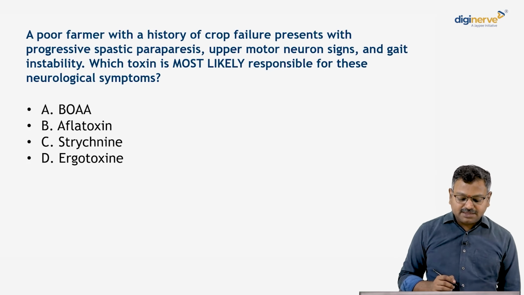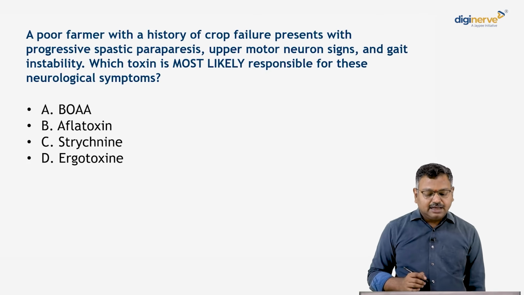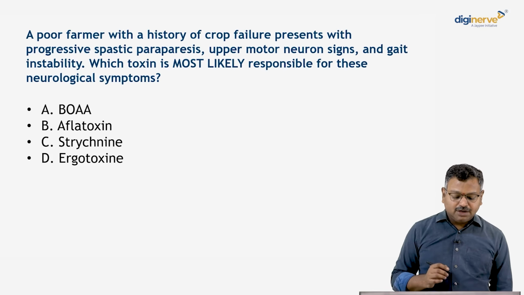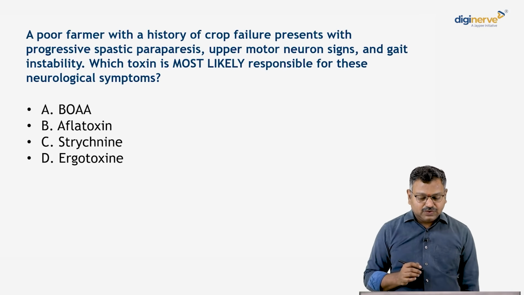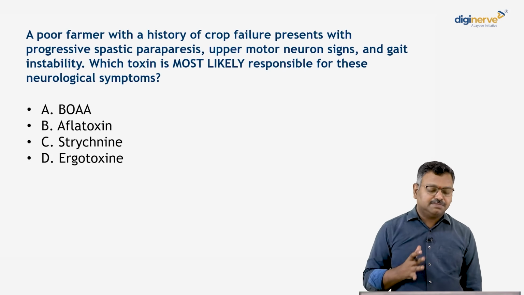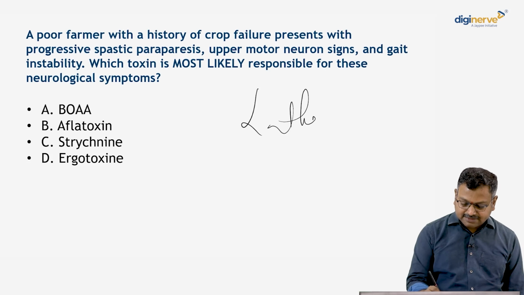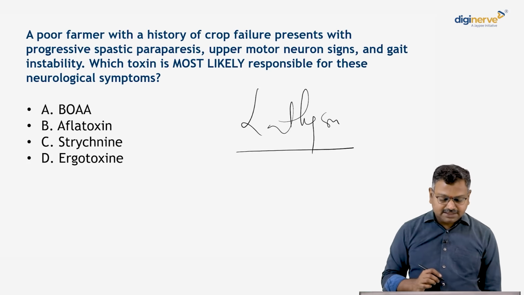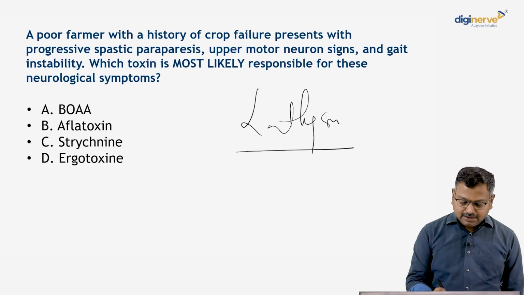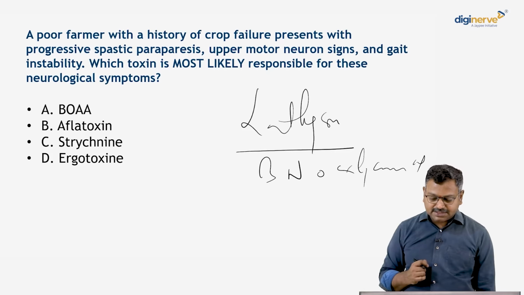A poor farmer, with a history of crop failure, presents with progressive spastic paralysis, upper motor neuron signs and gait instability. What is the toxin? This is the classical appearance of a pure motor spastic paraplegia, very characteristic of lathyrism. Now this is caused by BOAA, that is beta-N-oxalyl aminoalanine.